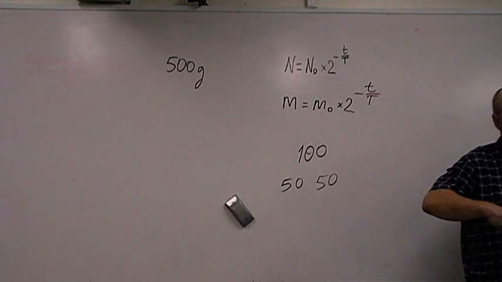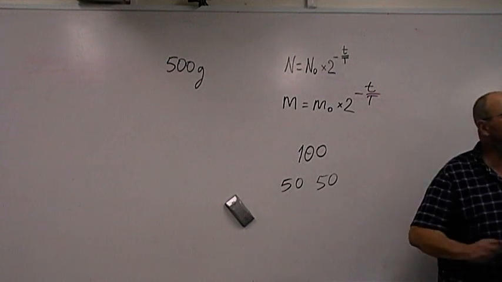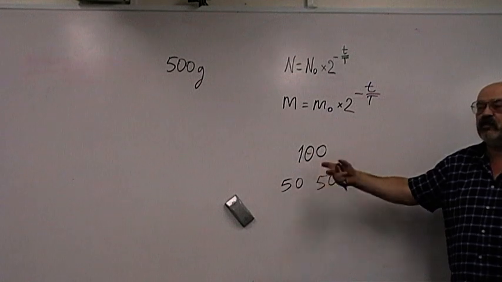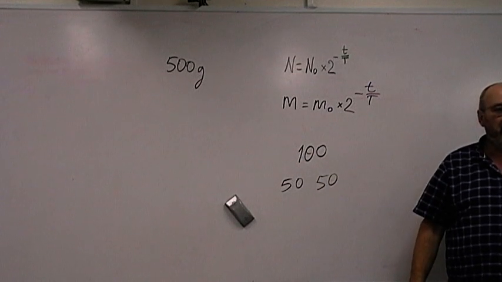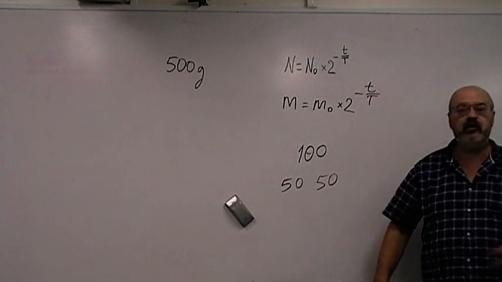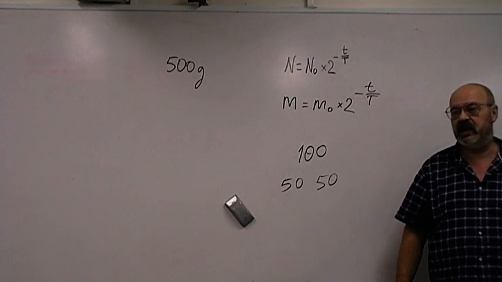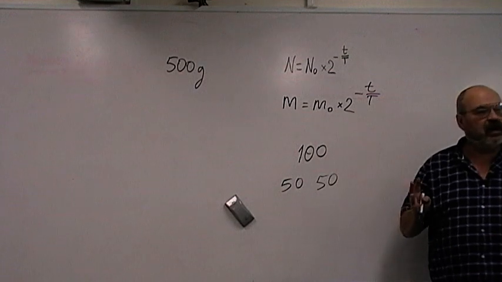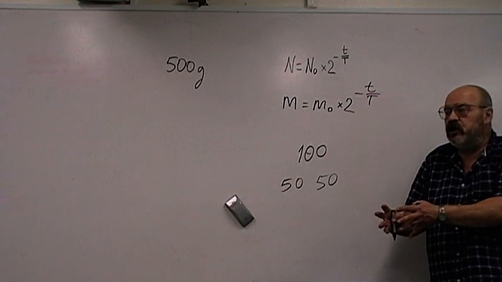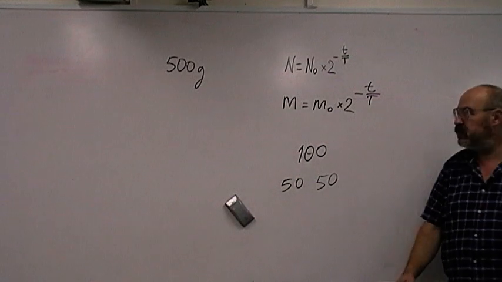The nucleus turns into another nucleus. It's not disappearing. We always will have 100 grams of material overall. Just half of it will turn into another chemical element. So the mass overall does not change, but the mass of specifically that material changes because half turns into something else.